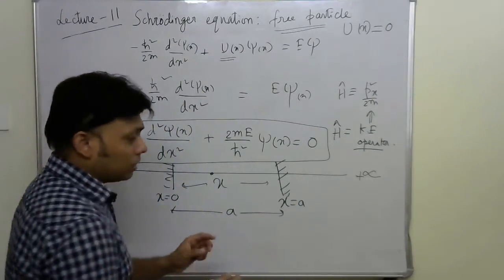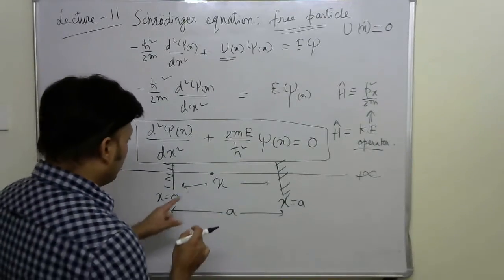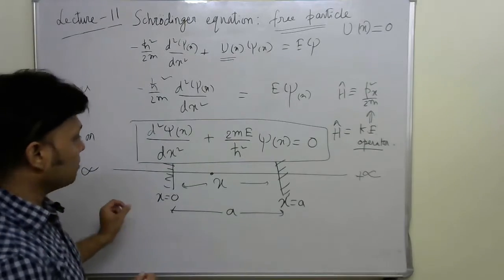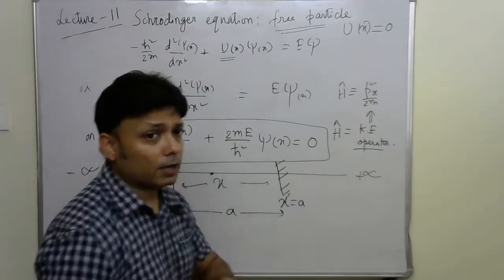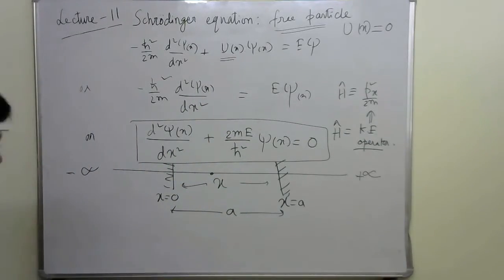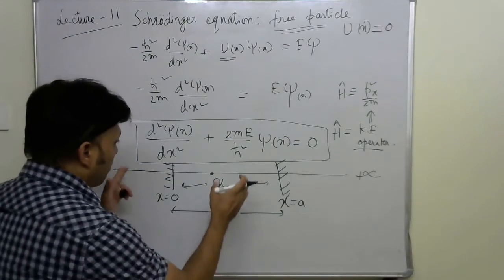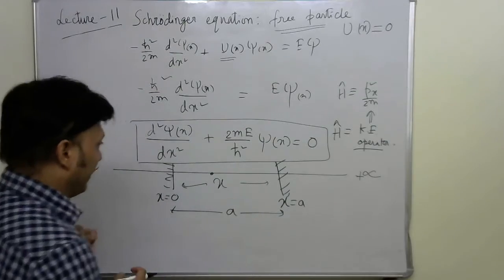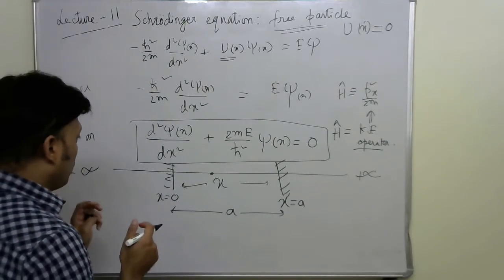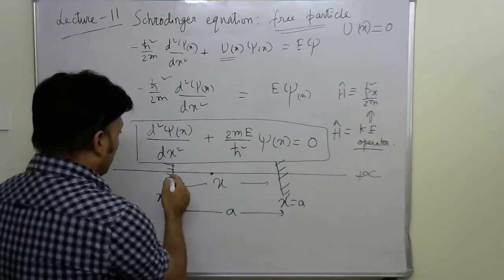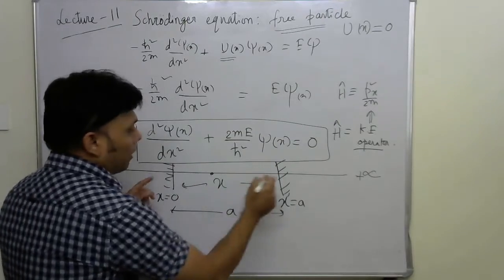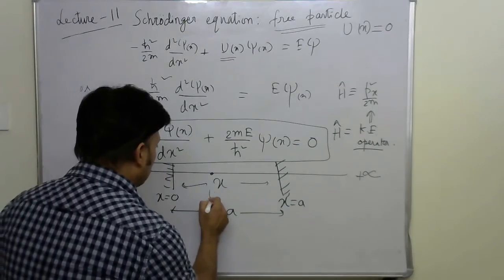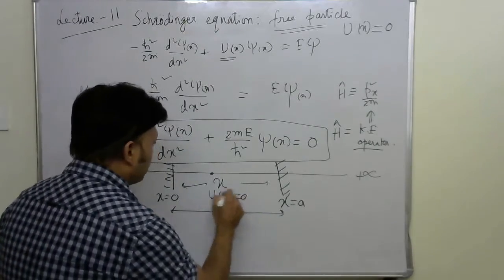Of course, this definition is completely arbitrary. You can put the center position at 0 and take x as minus a and positive a. It is up to you, it doesn't matter. But for the time being my particle is now confined within this limit, length a. The particle is free to move within this area, and within this area its potential energy U(x) is equal to 0.